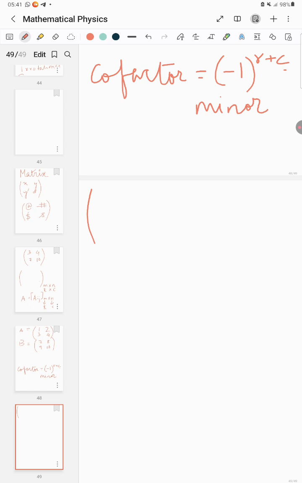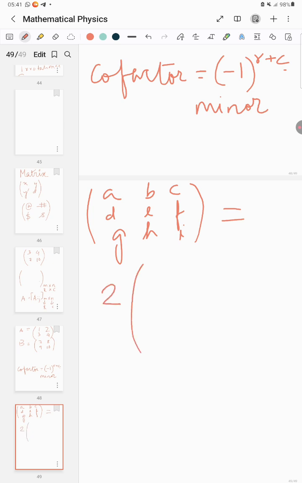For example, if a matrix has a, b, c, d, e, f, g, h, i, and we write it as 2 into the matrix P, P, P, Q, Q, P, R, R, 0.